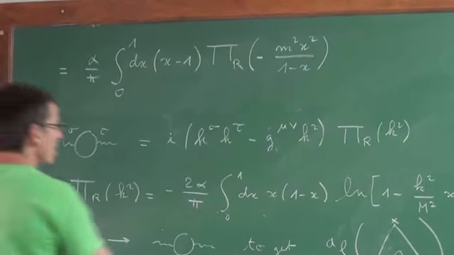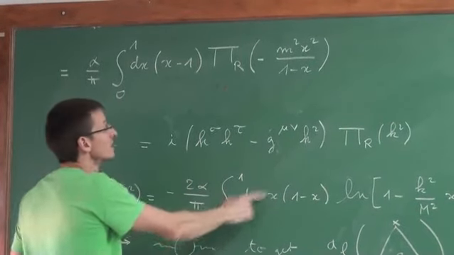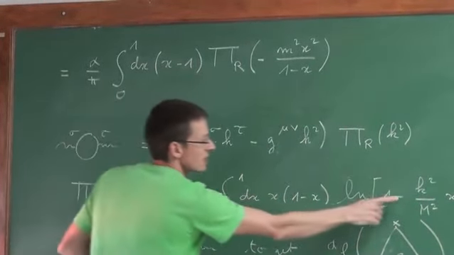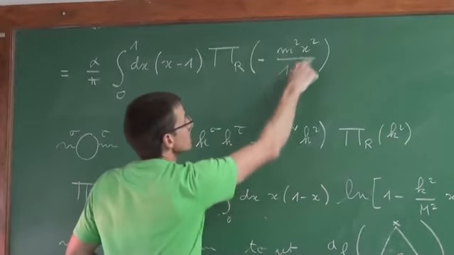You can now replace this here, replacing k squared by this.